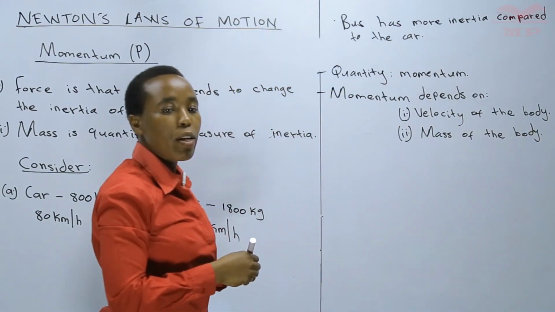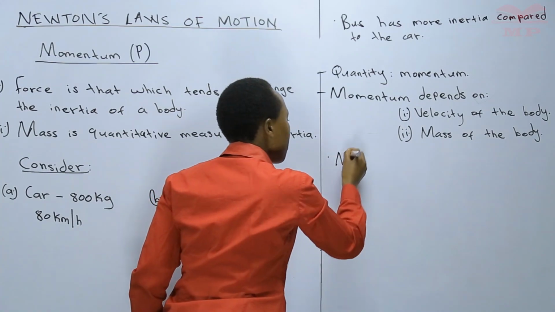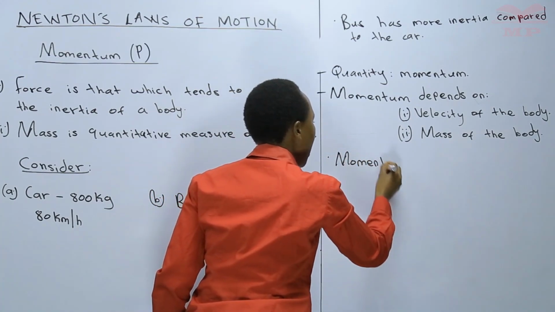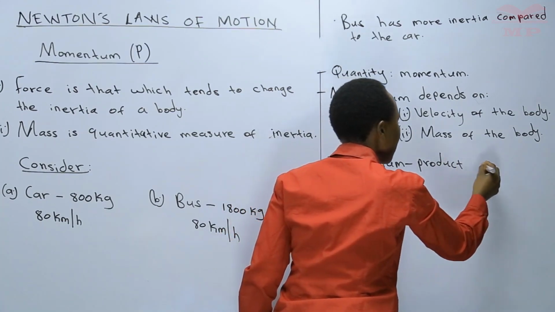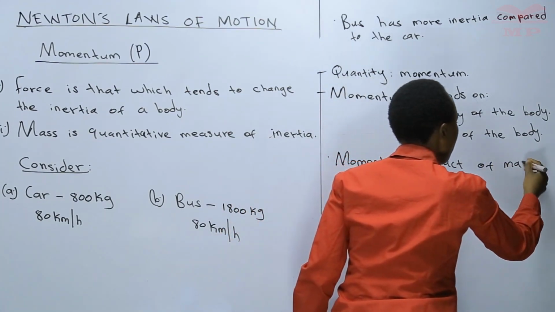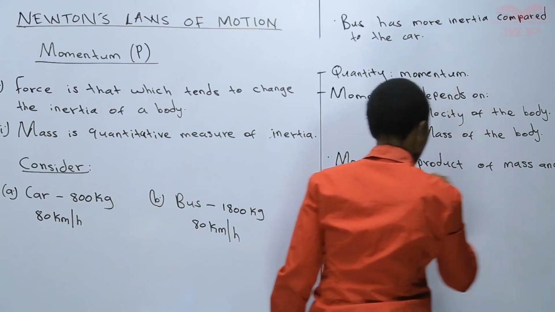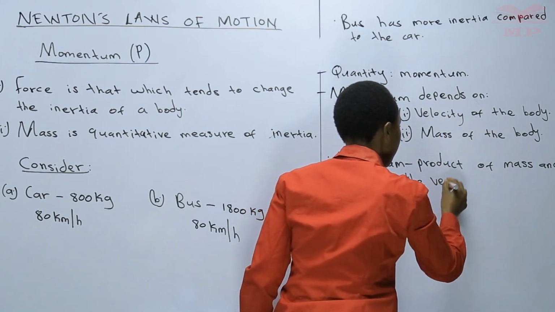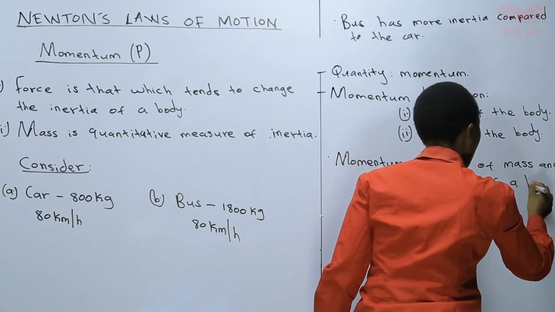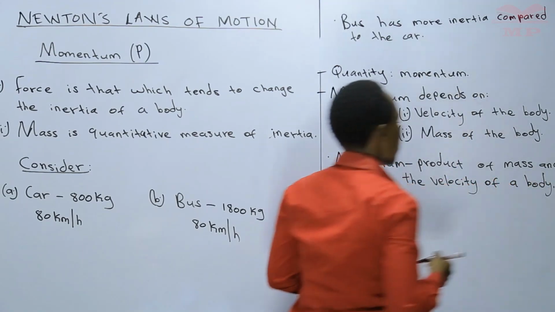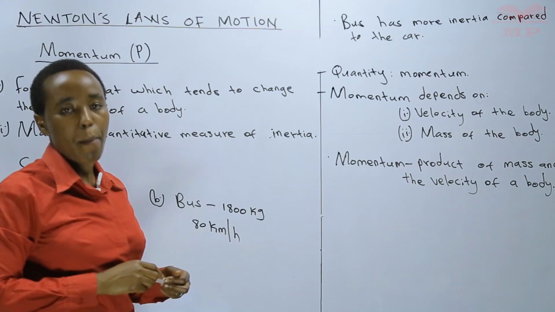Therefore, we define momentum as the product of mass and the velocity of a body. That is what we refer to as momentum.